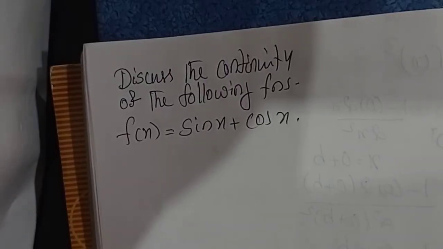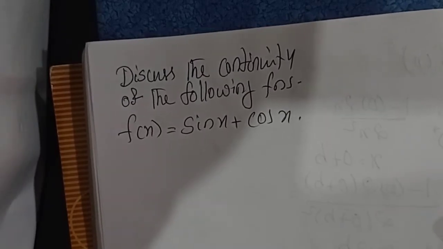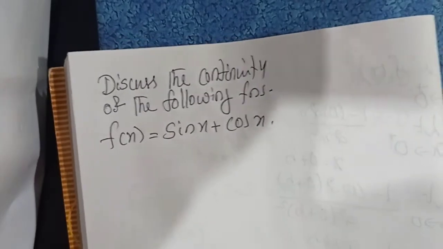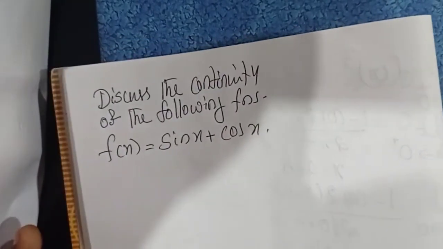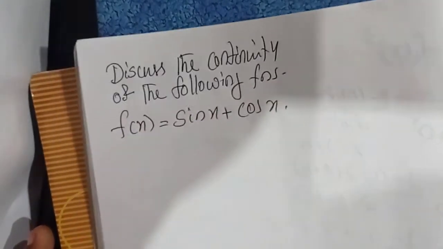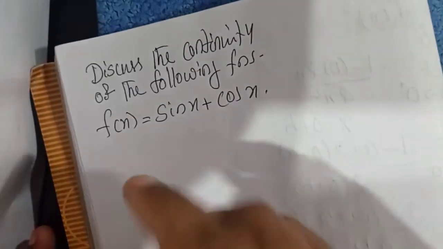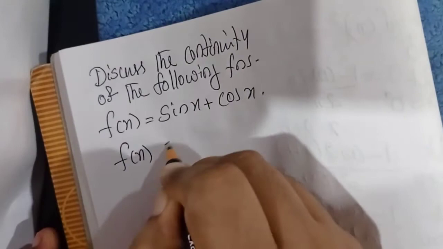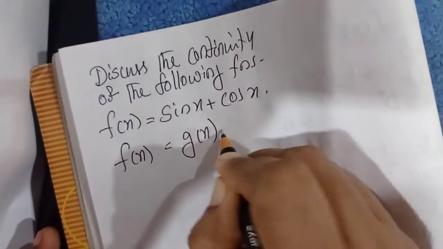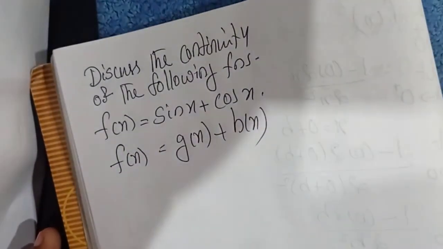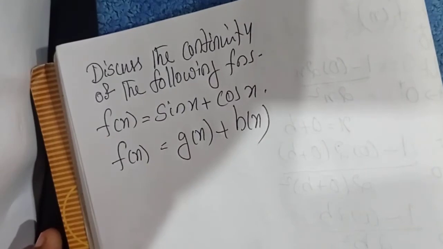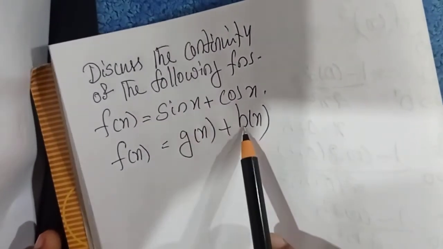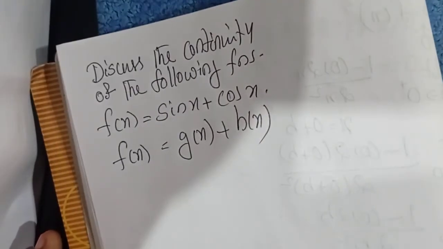Take the next question. Discuss the continuity of the following functions. f(x) is equal to sin x plus cos x. We can write this f(x) as g of x plus h of x. Here g of x means sin x and h of x means cos x.